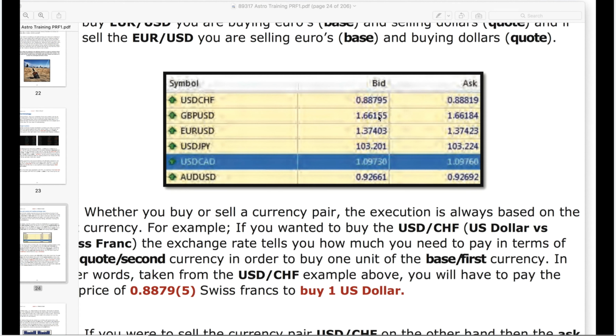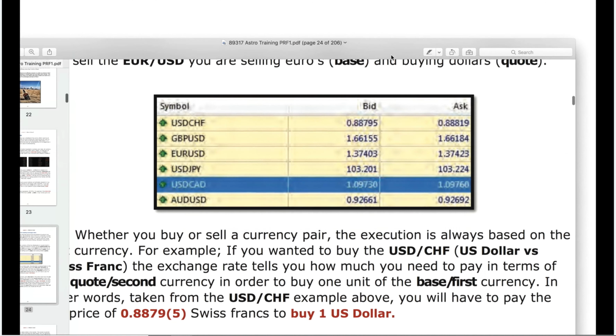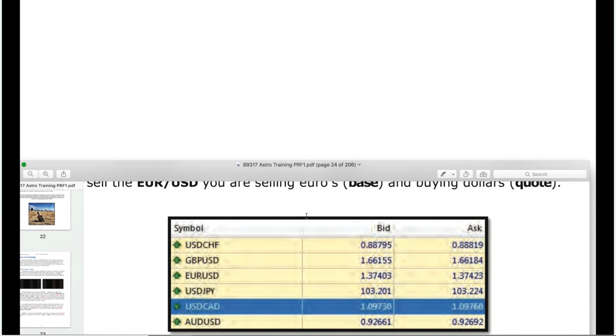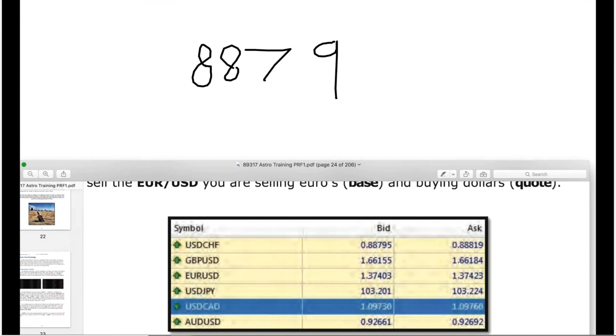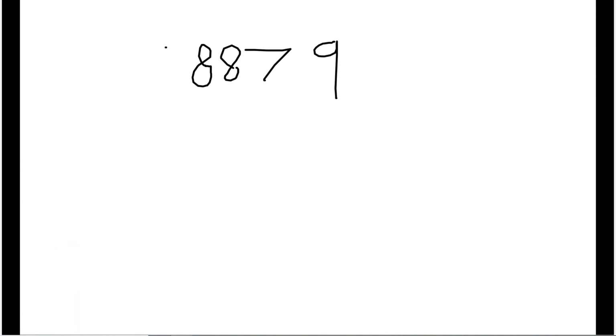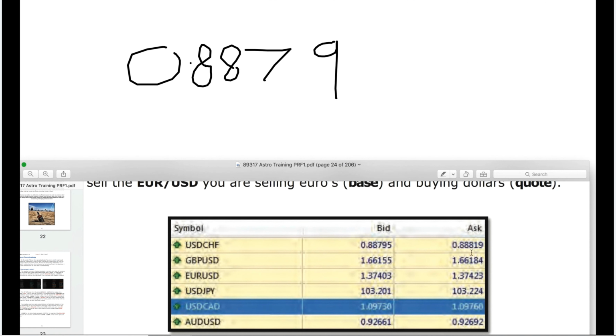So USD Swiss franc, let's do this one together. The bid is 0.8879. And the ask is 0.8881.